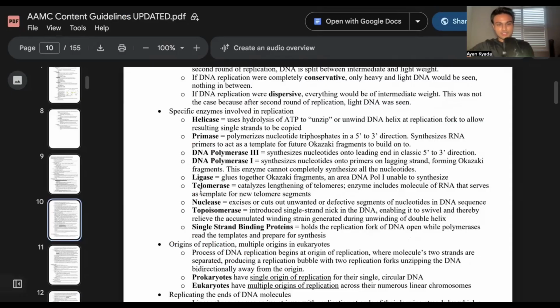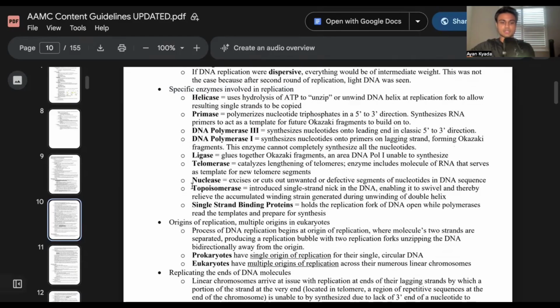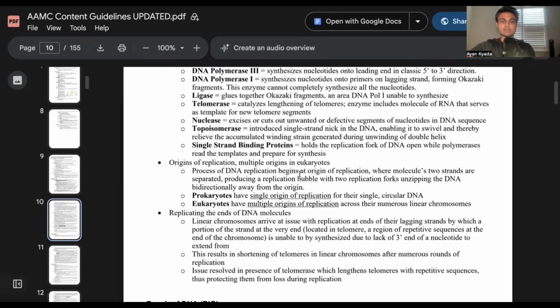So with that groundbreaking experiment out of the way, the guide then moves into a discussion of the specific enzymes involved in replication. We talked about all of these at length, except for a few like telomerase and nuclease. Telomerase we're going to get into more in depth in a few minutes when we talk about the end replication problem.